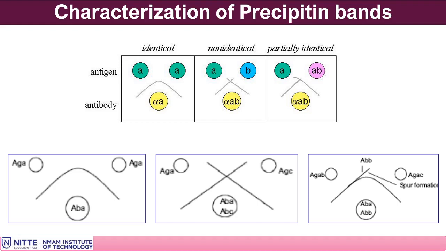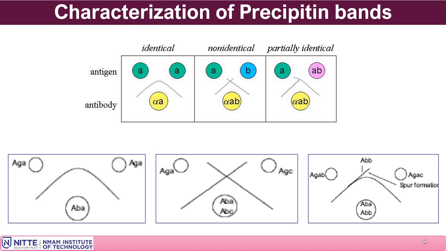Only thing is, because the concentration of antigen B and A is almost the same, the precipitation bands have overlapped with one another. Imagine if the concentrations of A and B were different, then the precipitation band of B would have come separately without overlapping with the band of A. If the concentration of B was less compared to A, the band would have appeared closer to the antigen well.